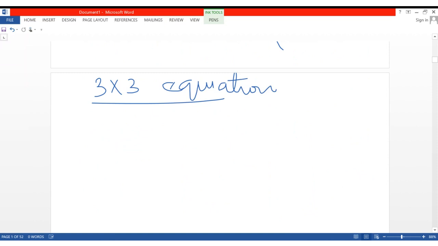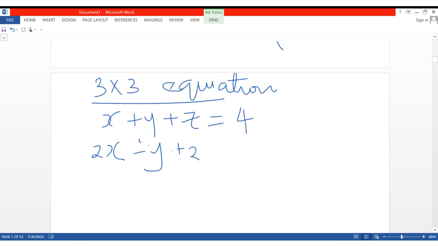So this is the equation that I have. We shall still use the same principle. x plus y plus z is equal to 4. 2x minus y plus 2z is equal to 5.